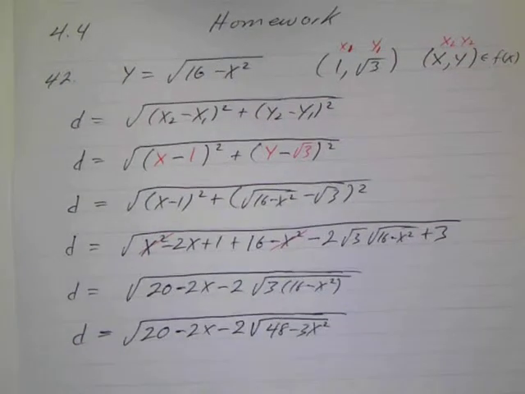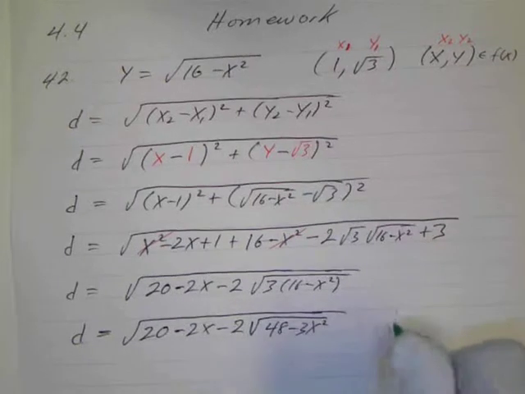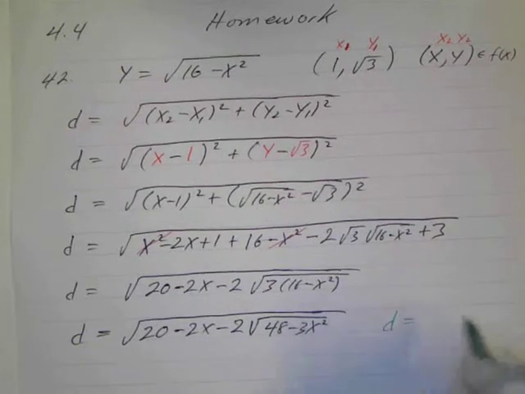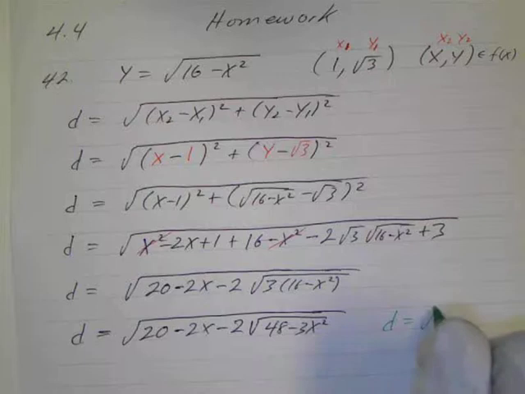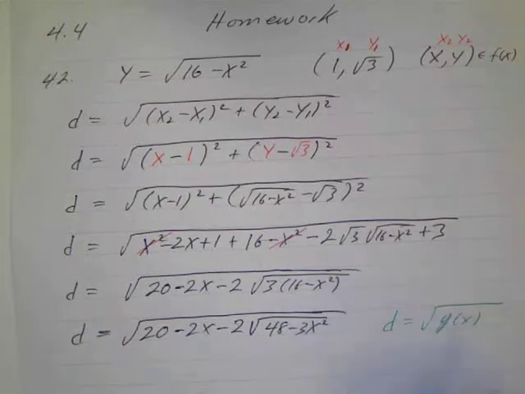Now again, we want to minimize this, so we're going to use this function g of x, which is going to be under the radical. So we're going to say distance equals the square root of g of x.